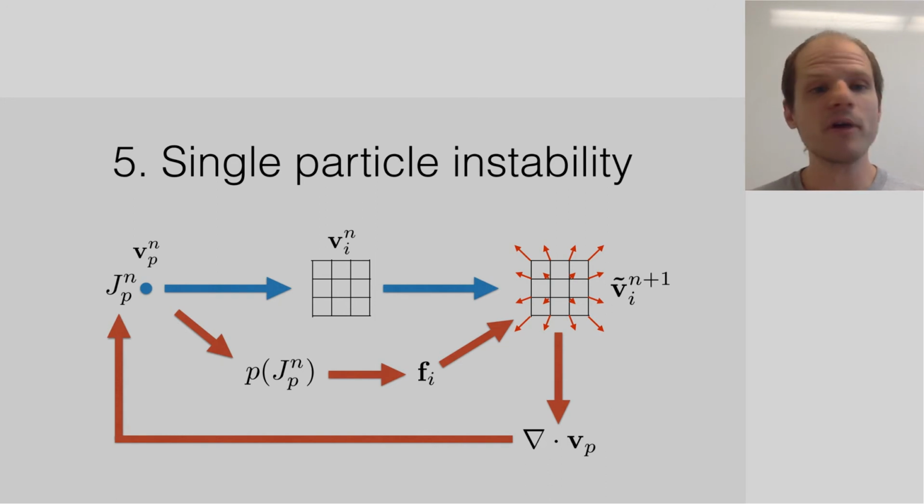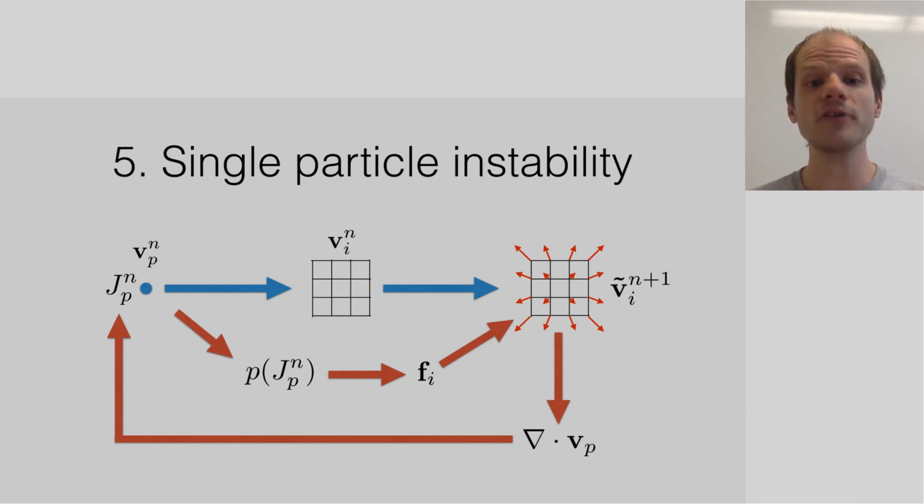To understand the single particle instability, we start with a single particle with a velocity of 0. The first thing that MPM does is it transfers this velocity and mass onto a grid, which gives us 0 velocities on a grid. Next, we need to compute forces. To calculate forces, we use the J stored on the particle. This gives us a pressure based on our constitutive model. This in turn gives us forces, which we apply to the grid.